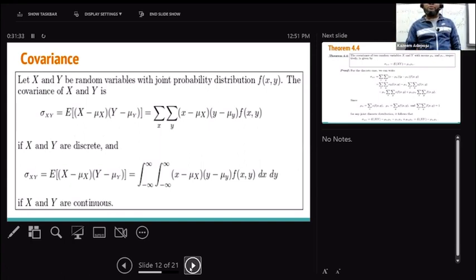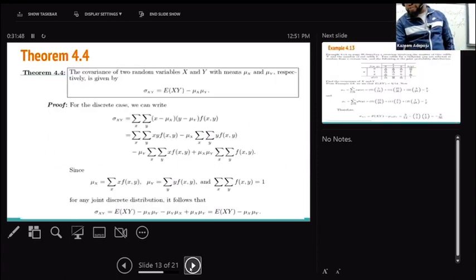But when you're working with the covariance, you're going to have expected value of x minus mu x, then y minus mu y. Look at that. That's what you have now. So I just gave you how to get the covariance when x and y are discrete, when x and y are continuous. And we actually have a proof for the covariance.